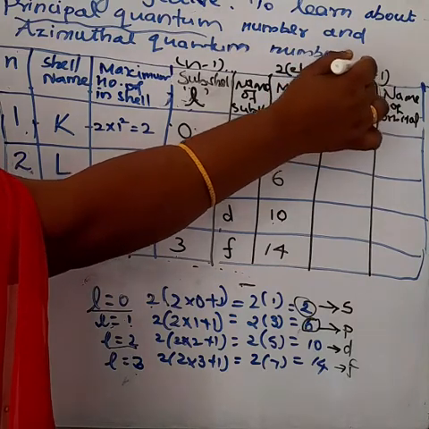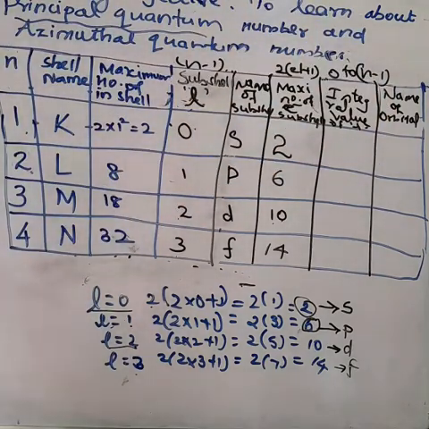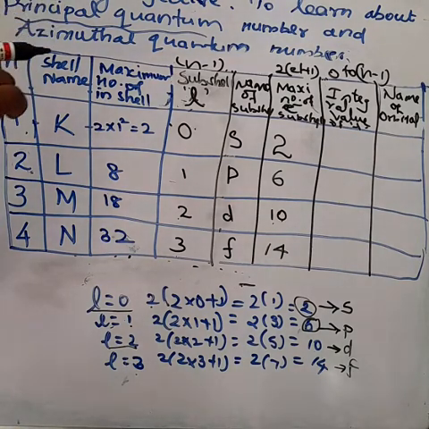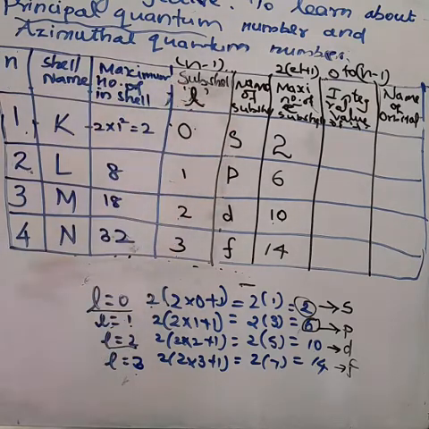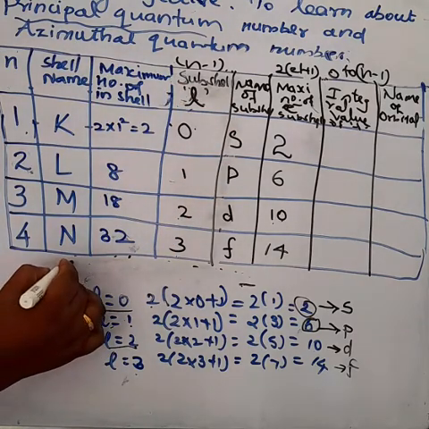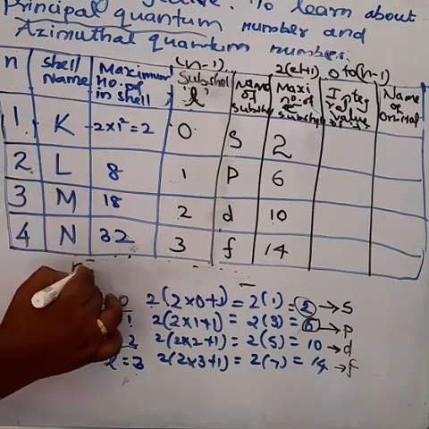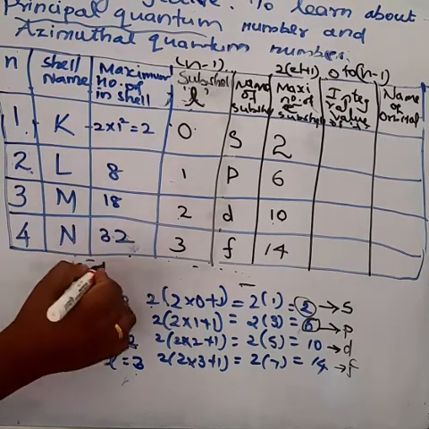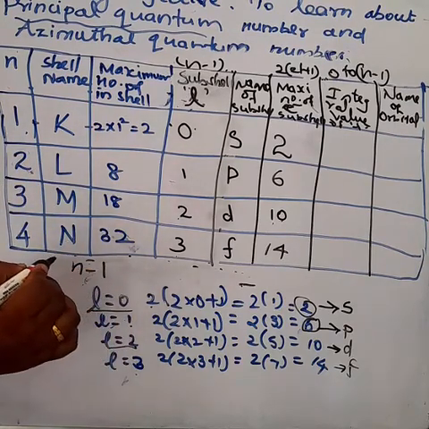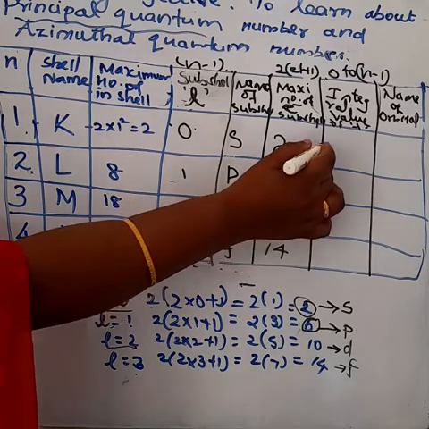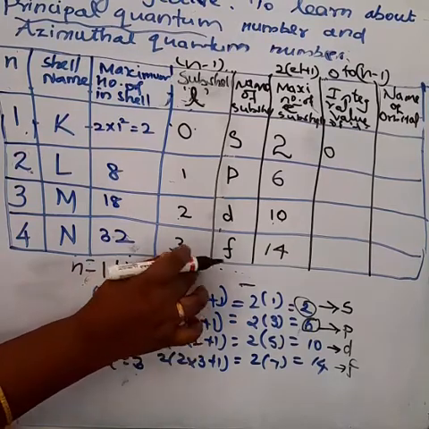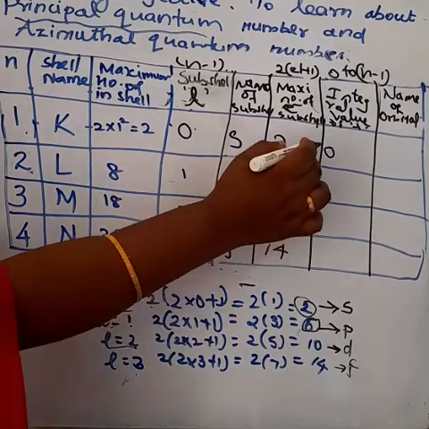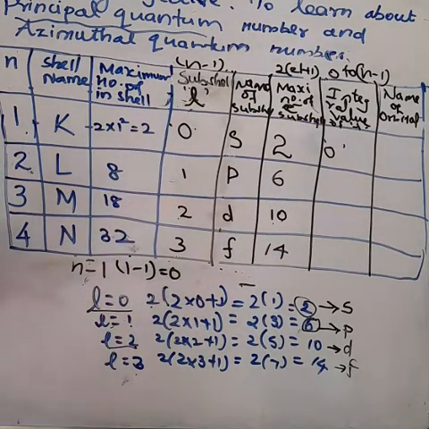So first, 0 to n minus 1. When n is equal to 1, what is the integral value? 0 to n minus 1 means 1 minus 1, we get 0. So when n is equal to 1, the integral value of L is 0.